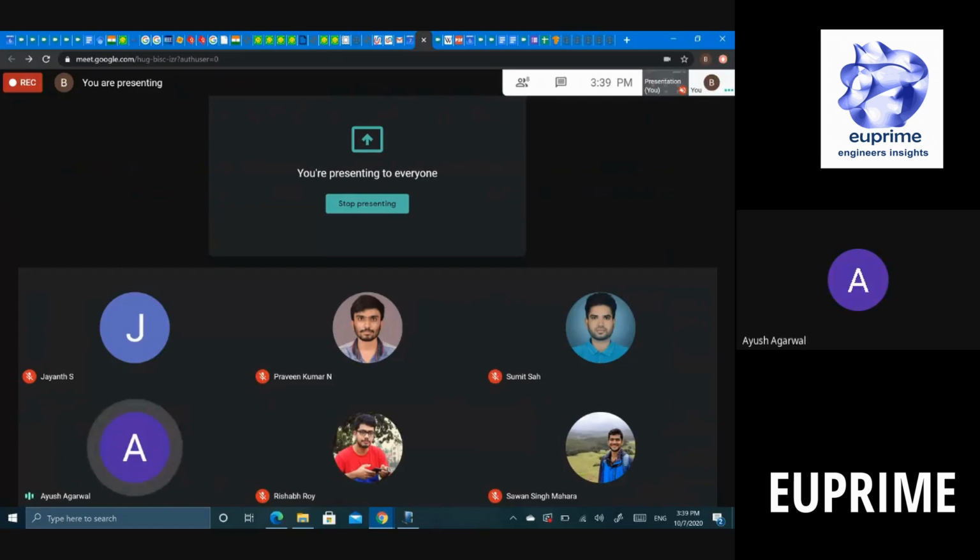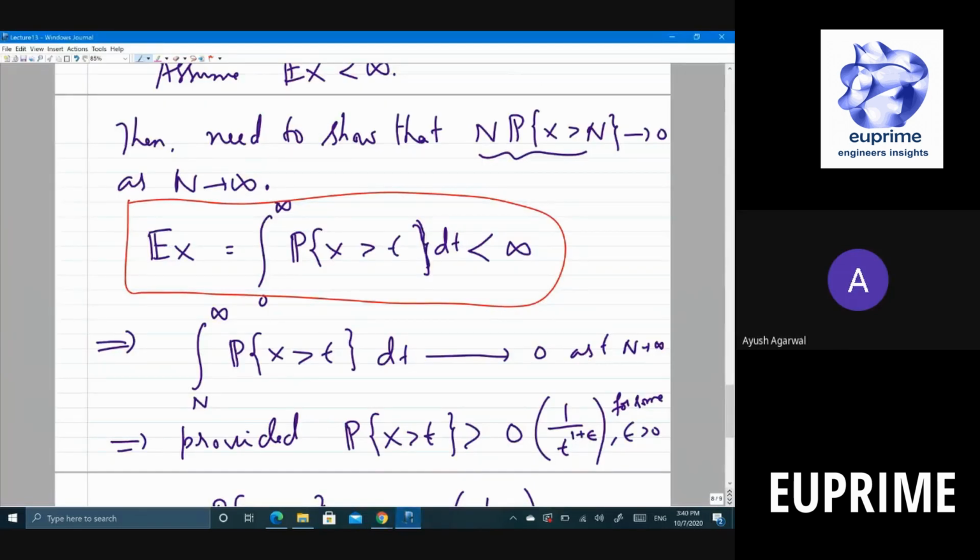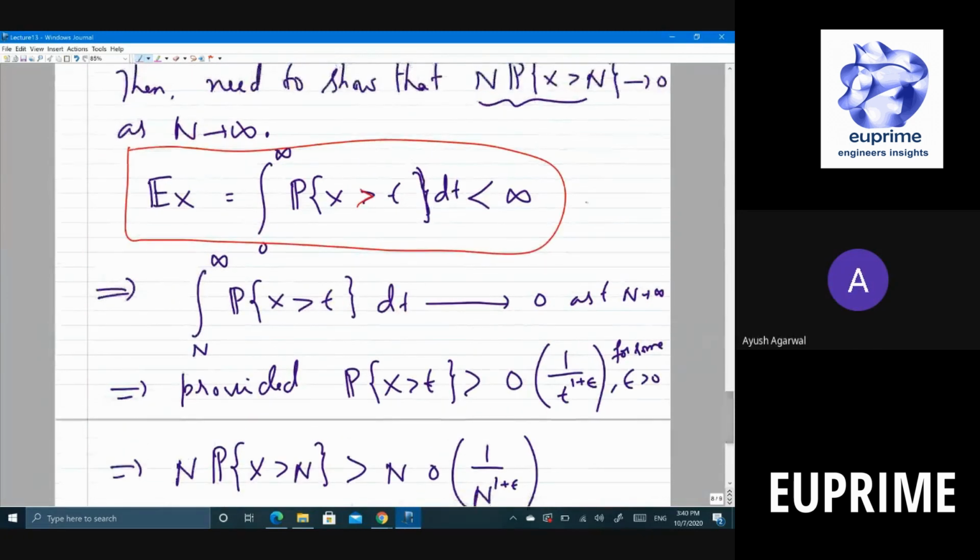Sir, in that there was a condition, with probability 1, that the probability should be 1. Yes, so it was something like, suppose x is greater than 0 with probability 1.